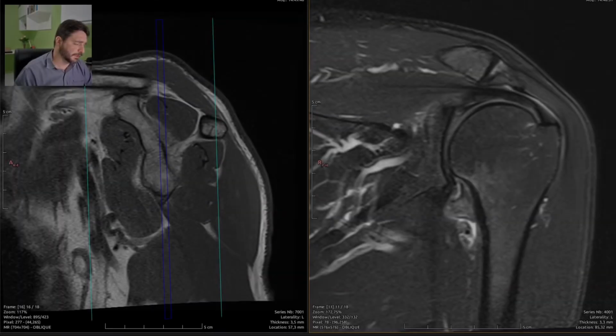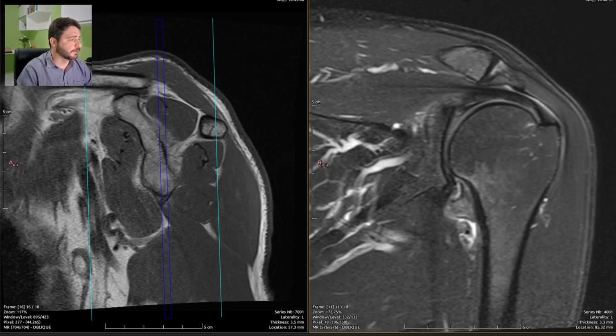So let's just summarize this report to make it easier to read. Mild tendinitis, bursitis, articular effusion, and tenosynovitis with a tear of the long head biceps tendon, the tendon of the long head of the biceps.